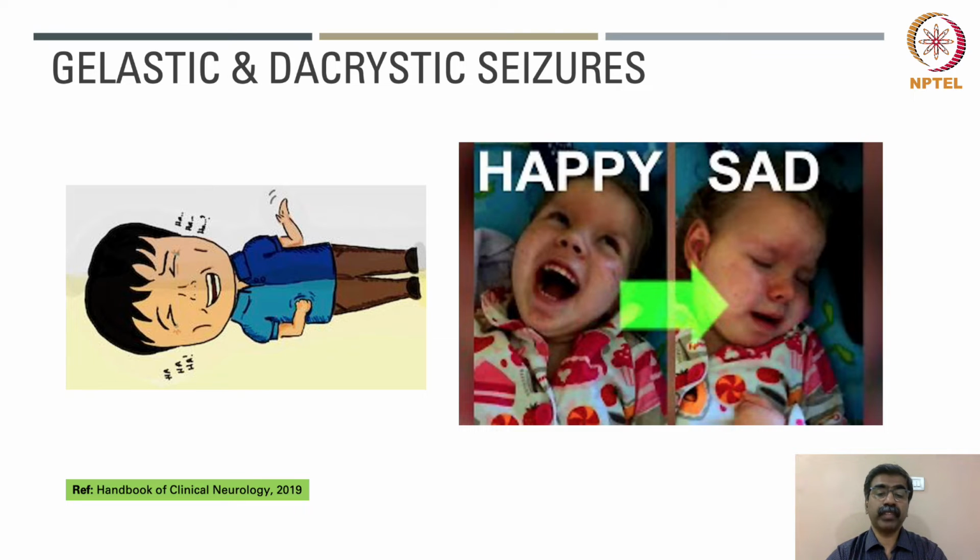The proposed pathophysiology is thought to be from excitation of neurons in the hypothalamus or secondary to a hypothalamic autonomic release phenomenon from disinhibited regulatory cortex, and dacrystic seizures are often medically refractory.